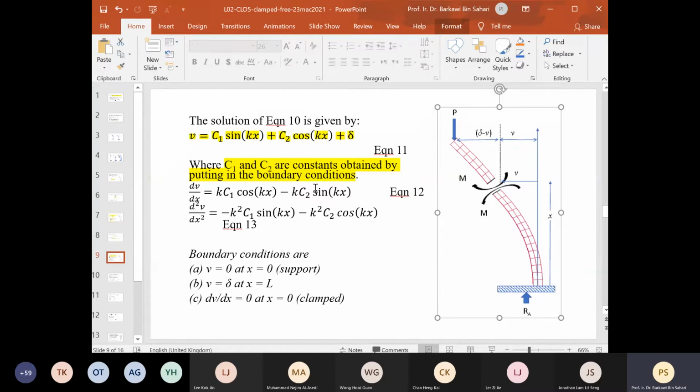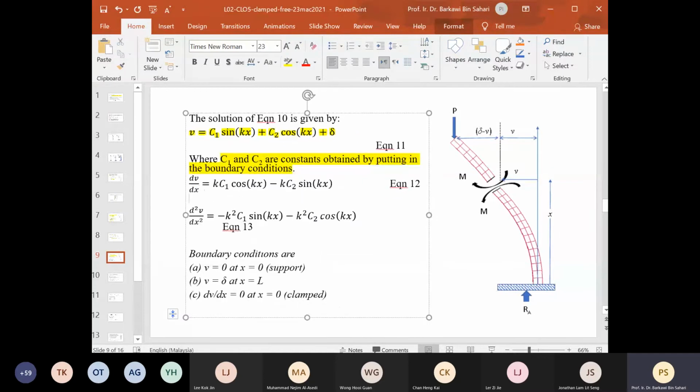So we need the differentiation of that equation. For dv/dx, we differentiate equation 11, so we get k C1 cos kx minus k C2 sin kx. Delta, when we differentiate with x, is 0, so it doesn't appear in dv/dx.